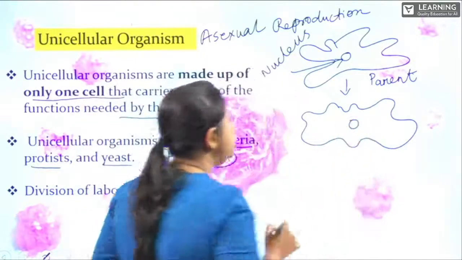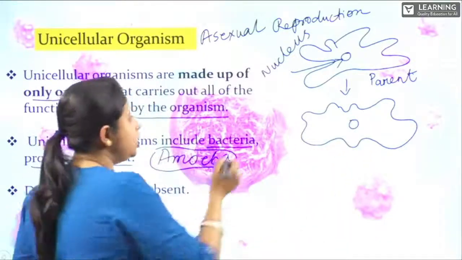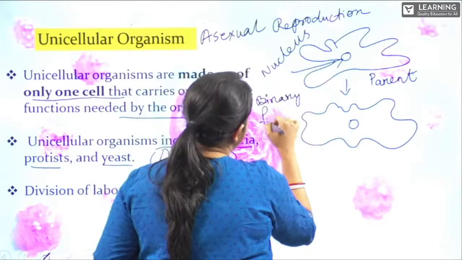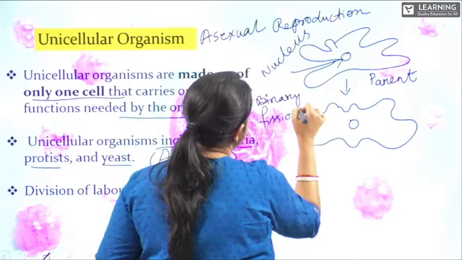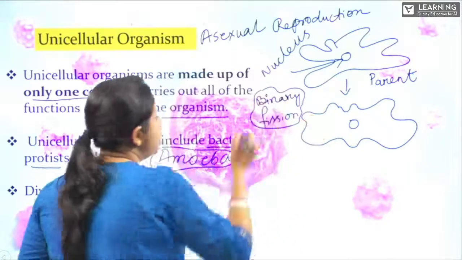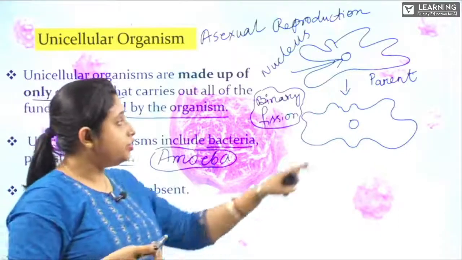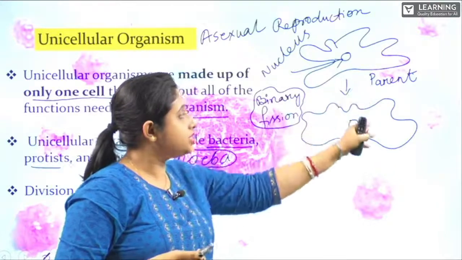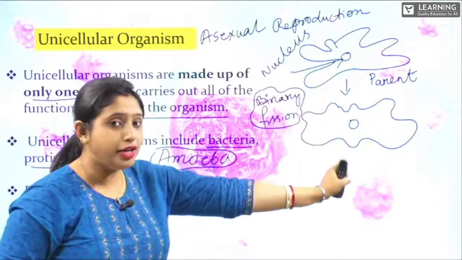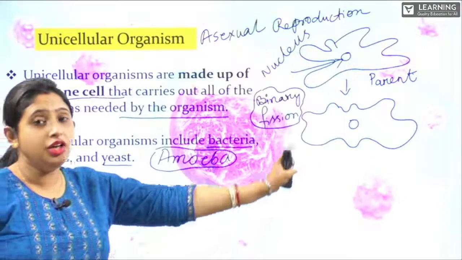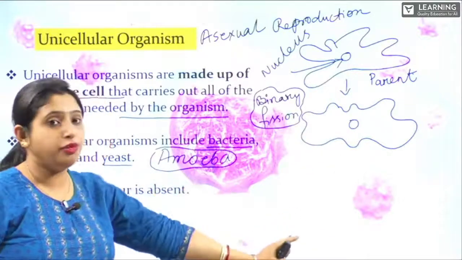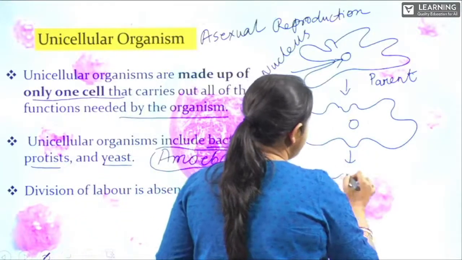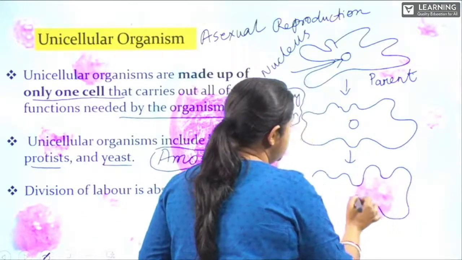It follows binary fission for cell division. When it divides, it divides the cytoplasm. As you can see, this area is the cytoplasm, right? It divides the cytoplasm as well as the nucleus. So division of the cytoplasm and division of the nucleus takes place. Yes, like this, it will be dividing.